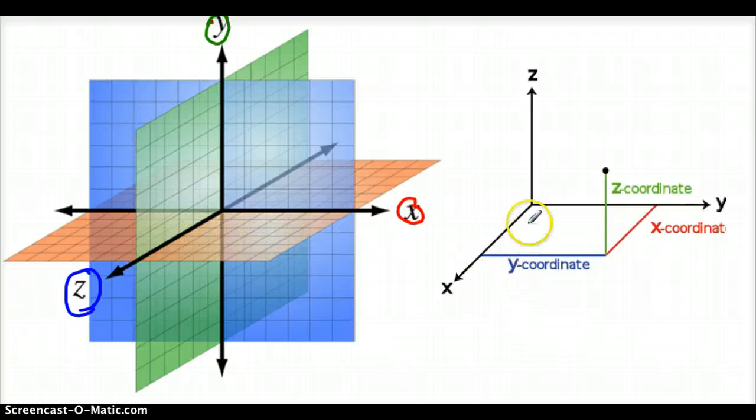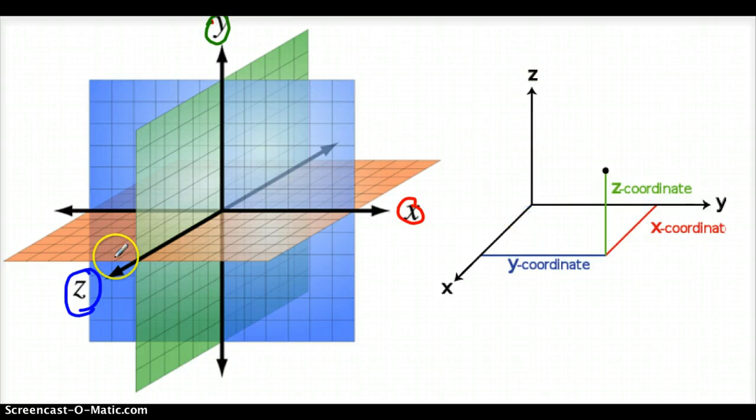However, our book and some other mathematicians rearrange these axes into x coming out towards us, y going left and right, and z going up and down.